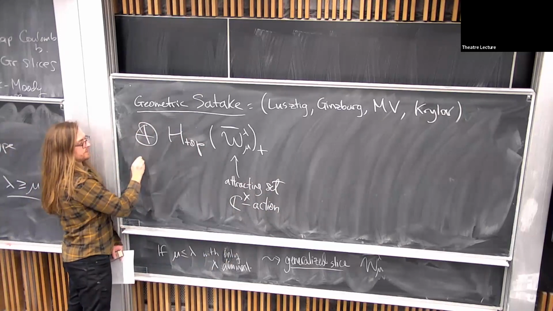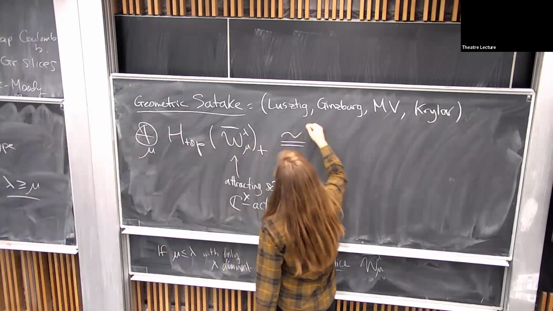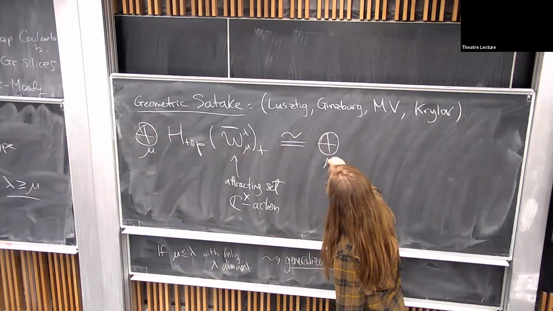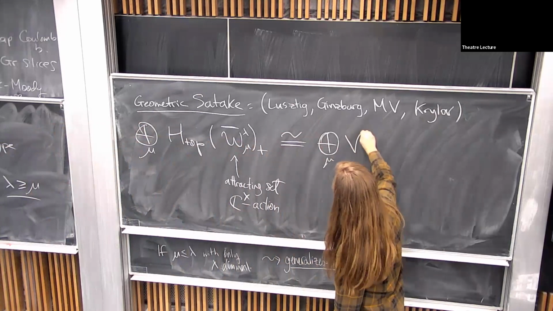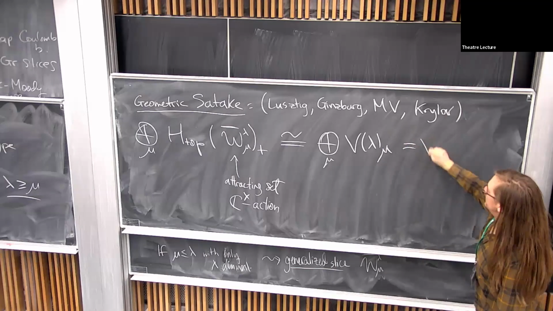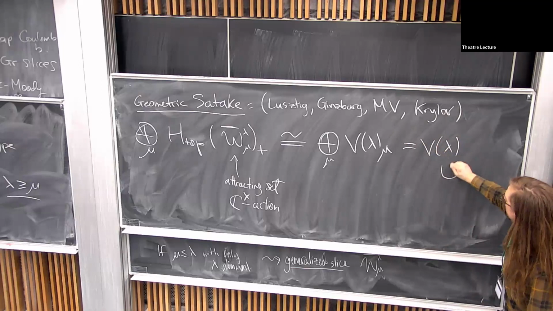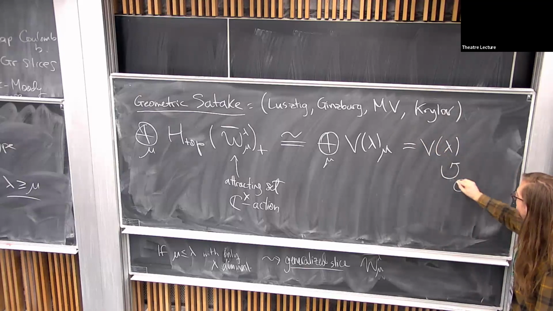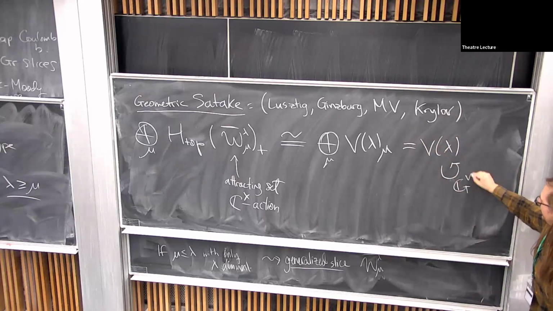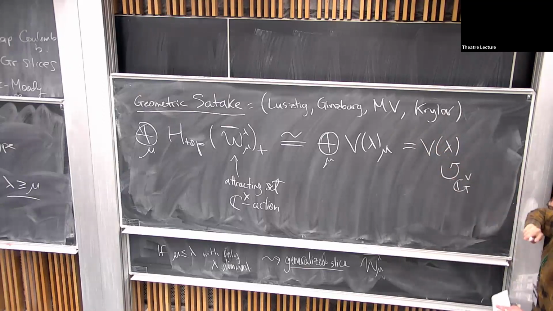So to get the whole representation, we should take all these different mu's together. So the claim is that this is, one mu at a time, isomorphic to some weight spaces of a representation V lambda. This is a module over, again, we took an ADE group for our ADE quiver. We take the Langlands dual.